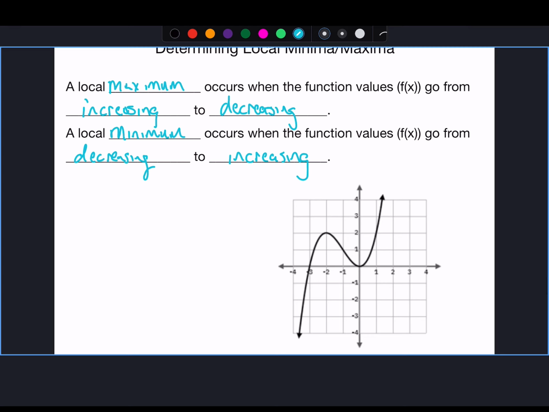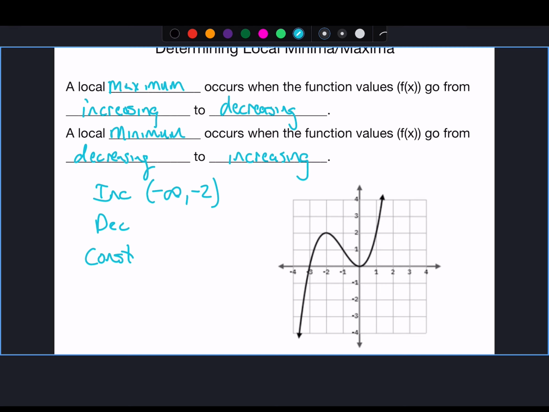So this graph here, we have increasing, decreasing, and constant. Jump on the roller coaster at negative infinity. Where do we go to? Where does it change? At negative 2. So we're increasing from negative infinity to negative 2. And then from negative 2 to 0, we're doing what?